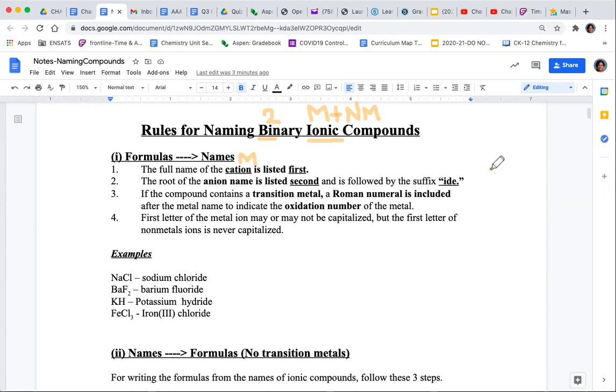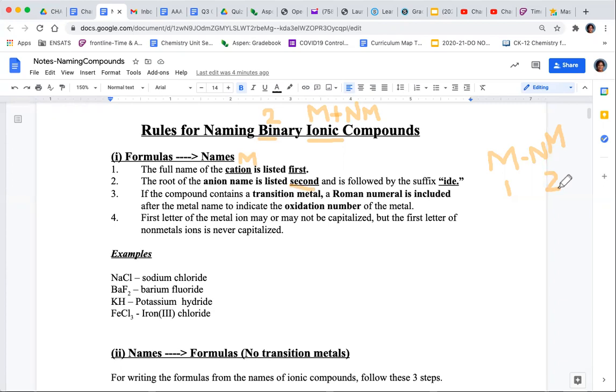So always you have to write the metal first. Then the anion name comes second. That is a non-metal; the non-metal comes second. But you cannot take the non-metal name just like that.